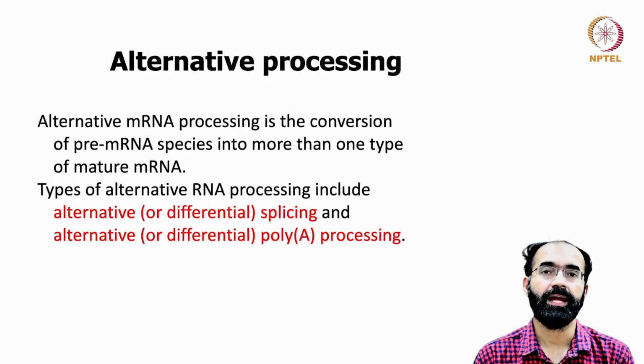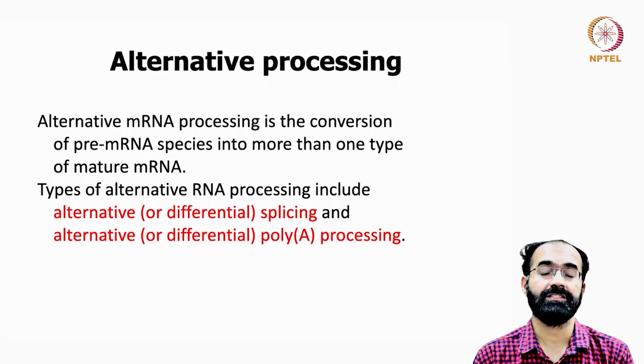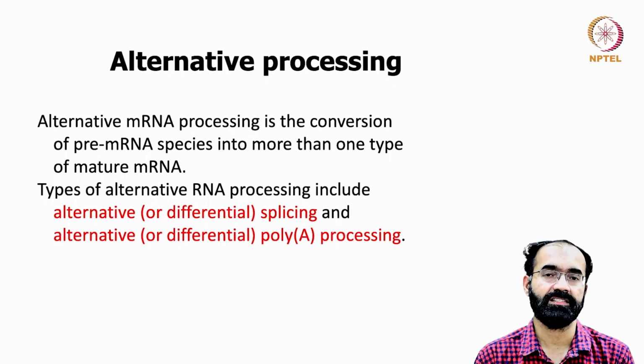One more thing I would like to tell you, when the human genome is sequenced, it is assumed that around 23,000 genes are there. But a complex organism like human is supposed to have around 1 lakh genes. So 23,000 is only 1/4 of 1 lakh. So where are those extra 75,000 genes coming from?